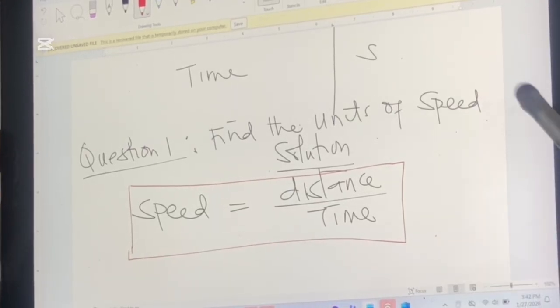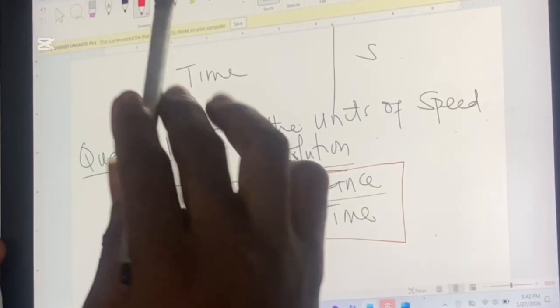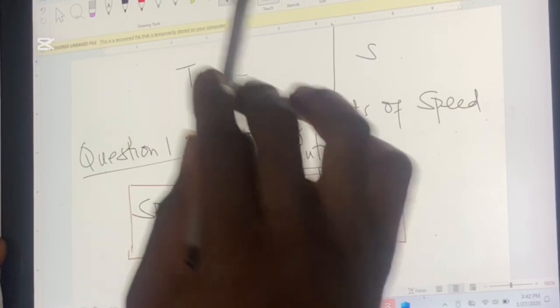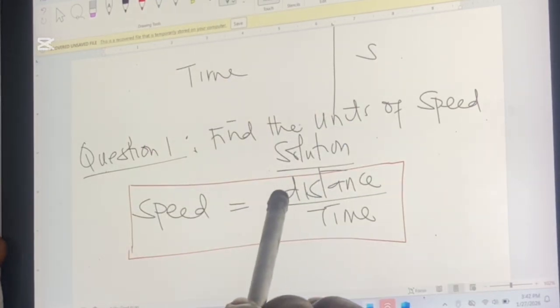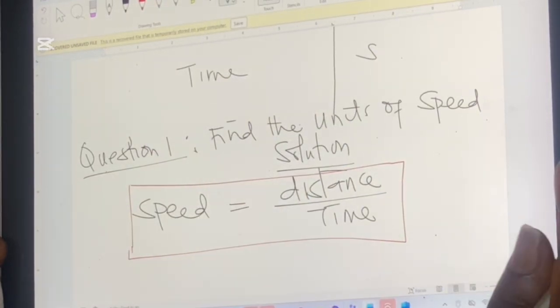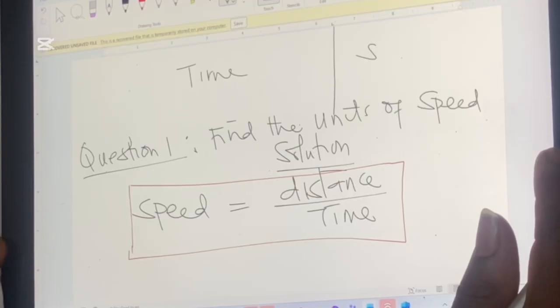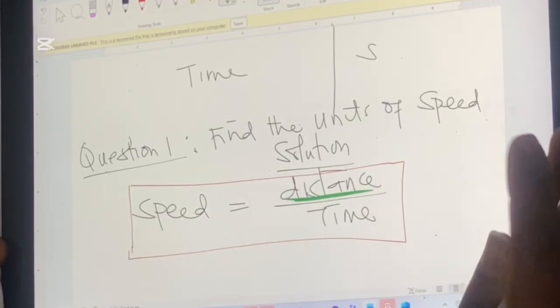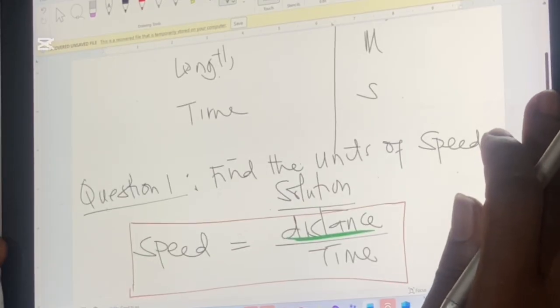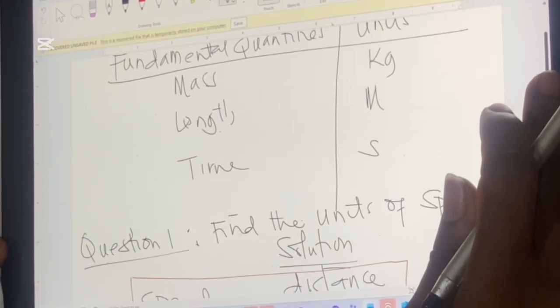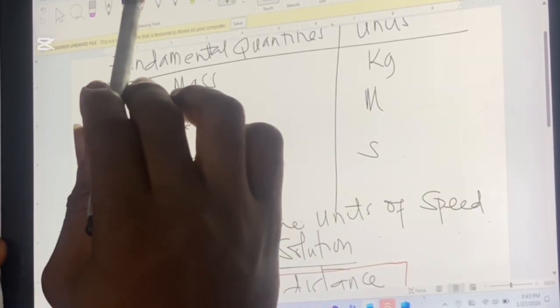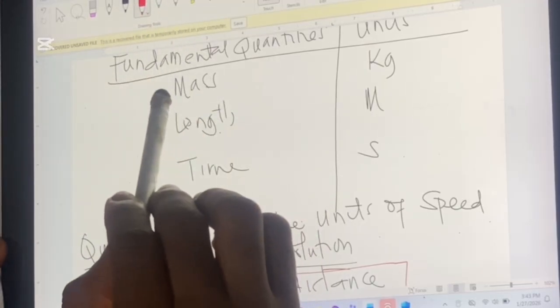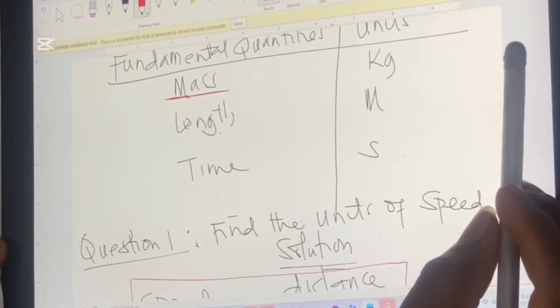So the next step is to reduce the formula to its fundamental quantity. So now let's classify this distance here to its fundamental quantity. Now when you go back to the fundamental quantity, distance cannot fall under mass.